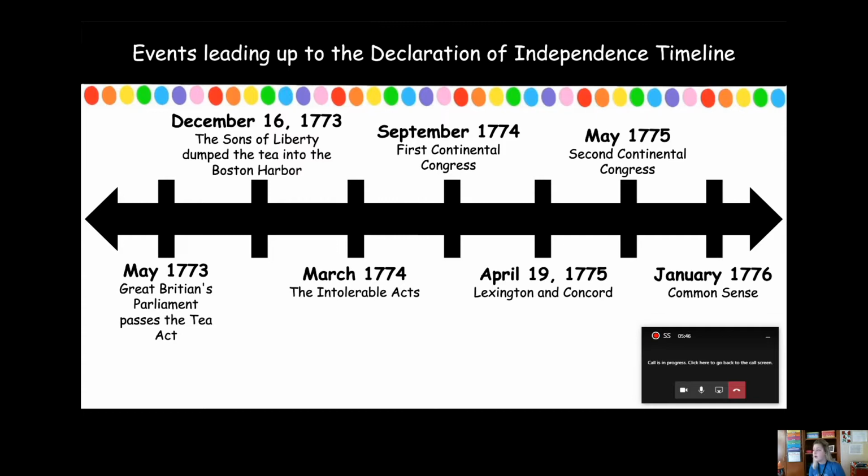Now, the colonists were not happy about it, okay? And so Great Britain eventually took away a lot of those ridiculous taxes. And then we get to this point. We get to May of 1773, when Great Britain's Parliament passes the Tea Act.